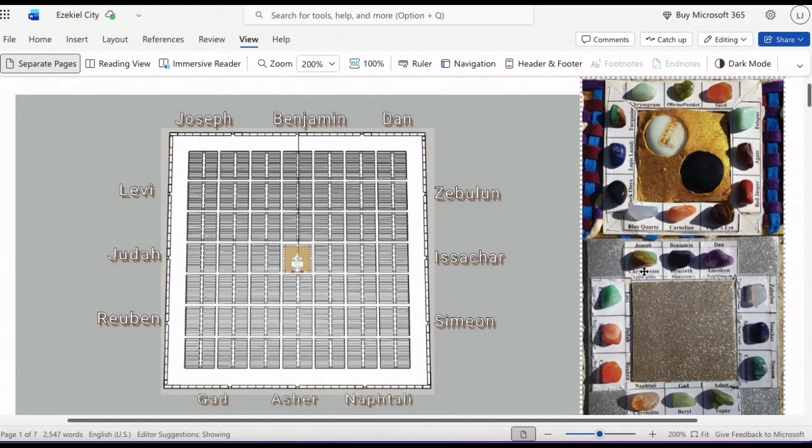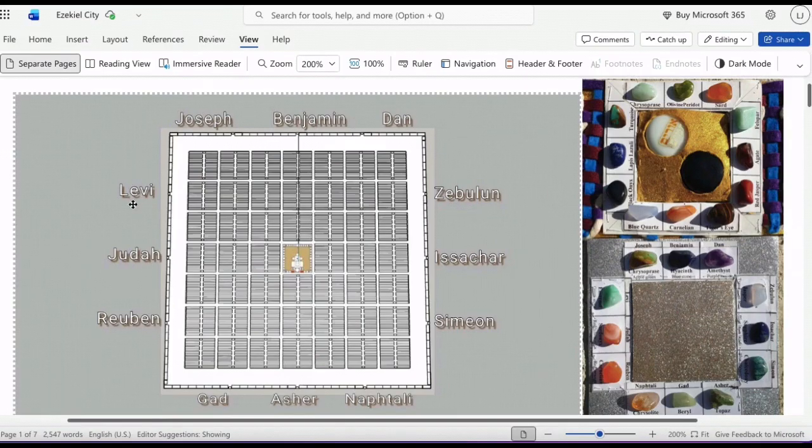So here you can see that once we have the gemstones aligned along with New Jerusalem, they go the same way. Joseph, Benjamin, Dan, and this is east. Joseph, Benjamin, Dan. Zebulun, Issachar, Simeon. Here you can see the gemstones for Zebulun, Issachar, Simeon.